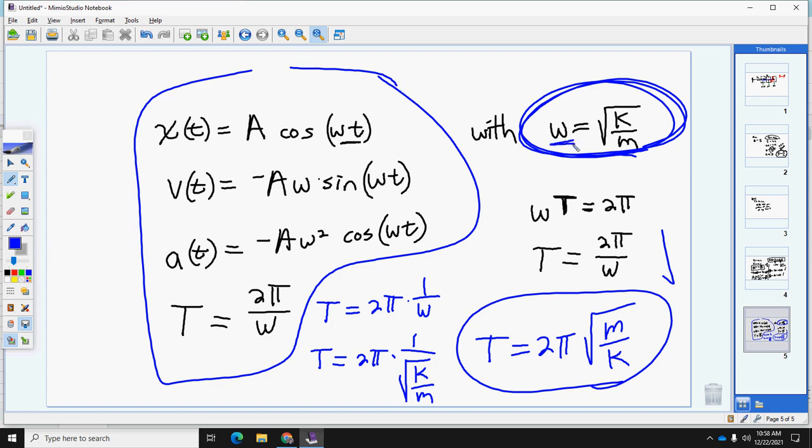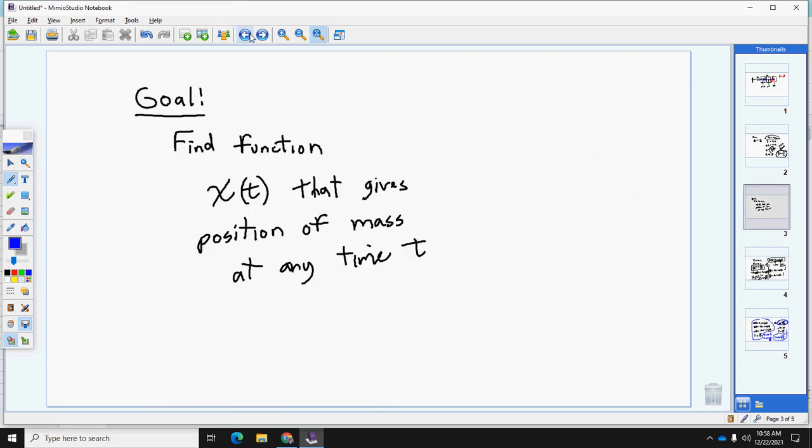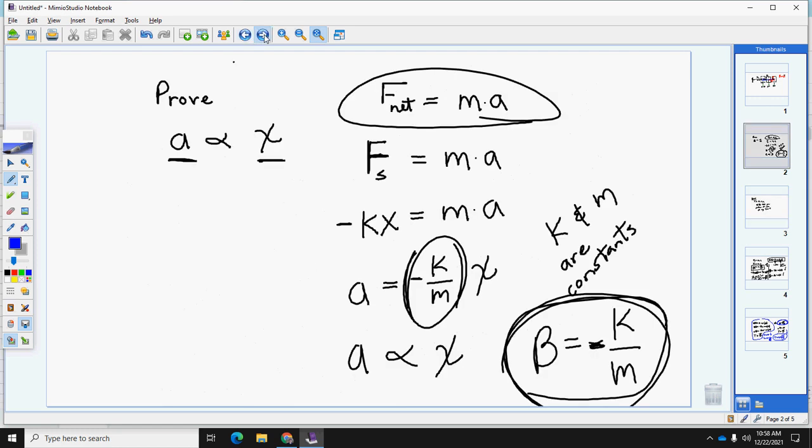And how do we find omega? Back over here. Let's see, where is it? We found that the proportionality constant here was negative k over m. But let's see, where's omega?